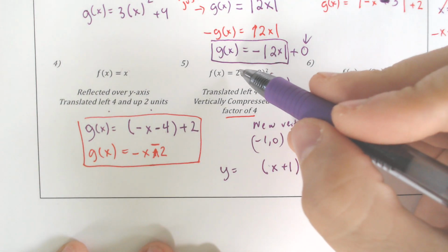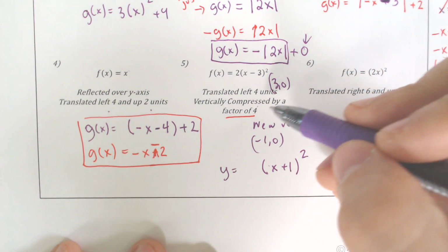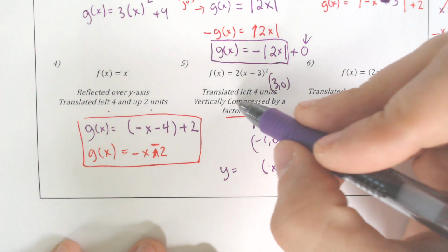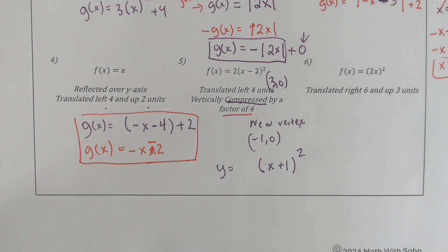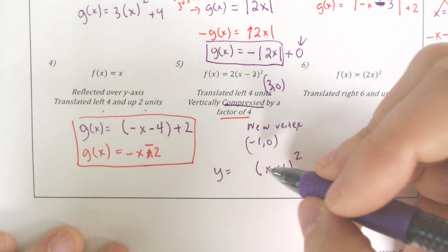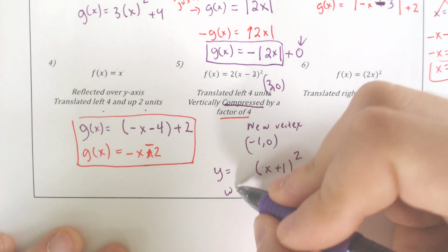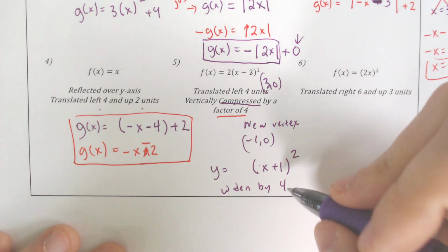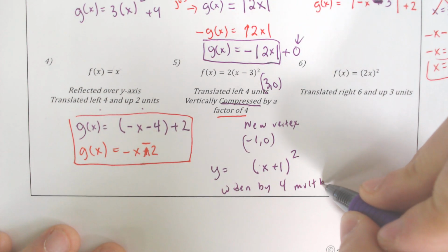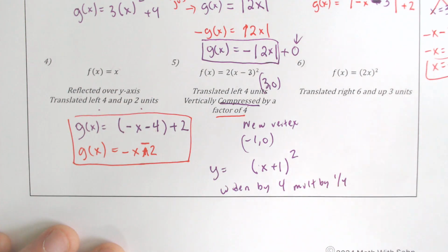I've left out the 2 because if it's compressed vertically by a factor of 4, compressed being the key word, that means that we do not want to make it bigger and more skinny. We actually want to widen it out. If we want to widen it by 4, we would really need to be multiplying by 1/4. Okay?